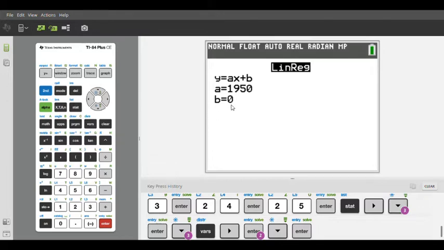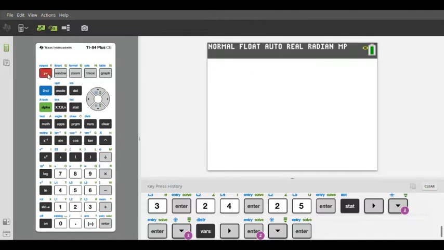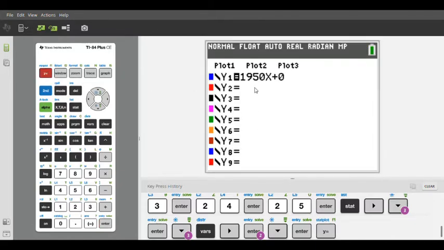Now, since we're at the calculator, let me go ahead and show you this. If you go to y equals here, you should see that it inputs this equation. So your equation is y1 equals 1950x plus 0. Now if you wanted to see it plotted with your points to see how well it fits your line, you need to make sure your plot's turned on.